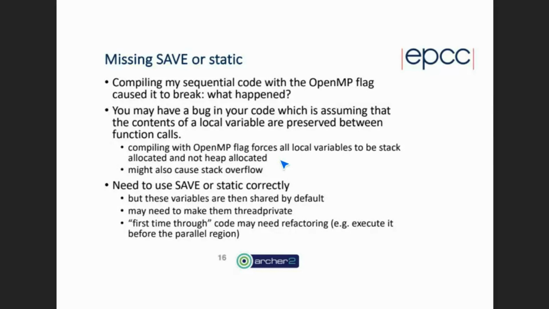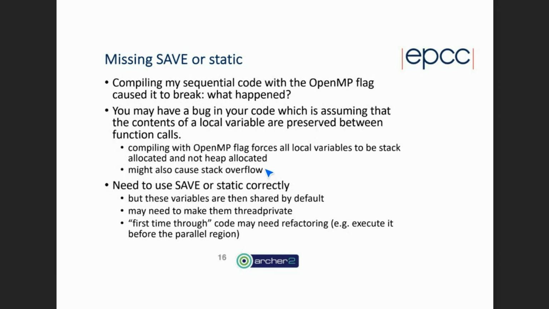But compiling with OpenMP forces stack allocation for all local variables so that it can correctly implement the default behavior, which is local variables are private to threads. Because the way it does that is by allocating them on the thread stacks. So every thread has its own stack, and forcing stack allocation is how it does the privatization of local variables.